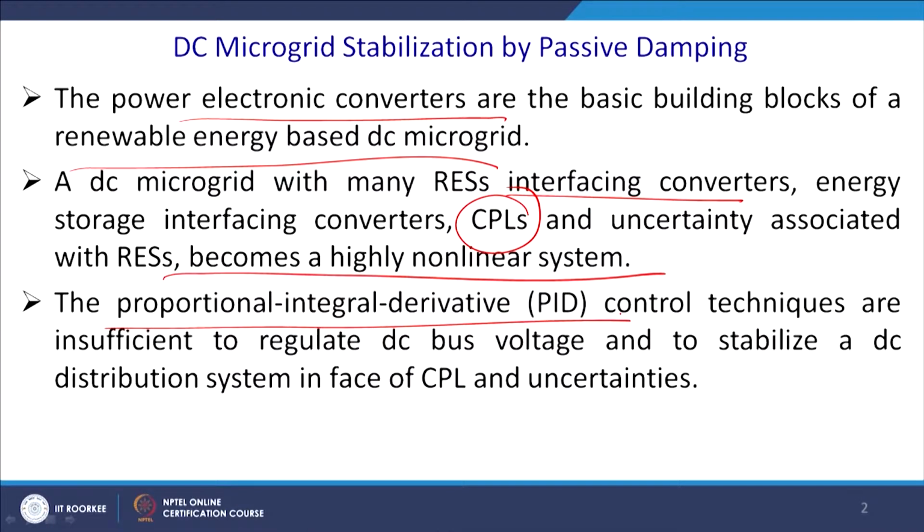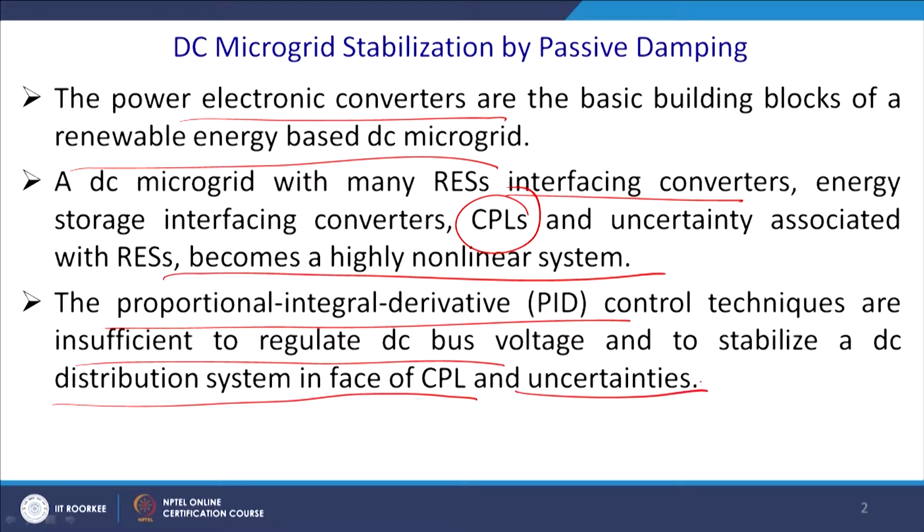So, the proportional integral and derivative controller techniques, generally applied while considering the linear model, are insufficient to regulate the DC bus voltage, because the system is highly nonlinear, and when you make it an average model, the PID controller does not give you satisfactory results. The DC bus voltage must be stabilized in DC distribution systems interfacing with the constant power load and the uncertainties.